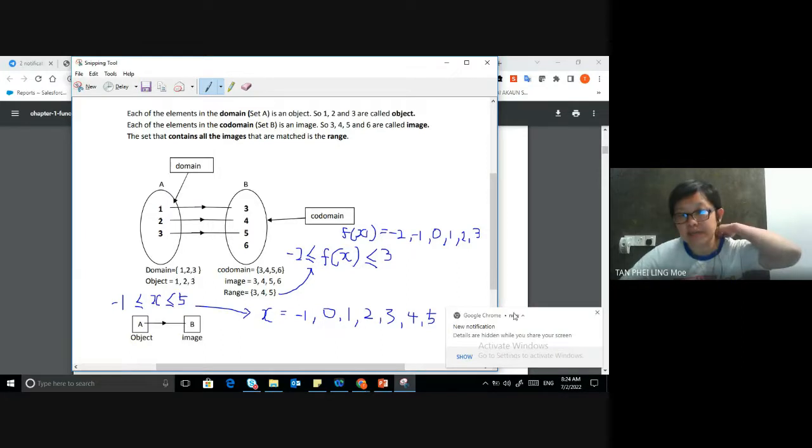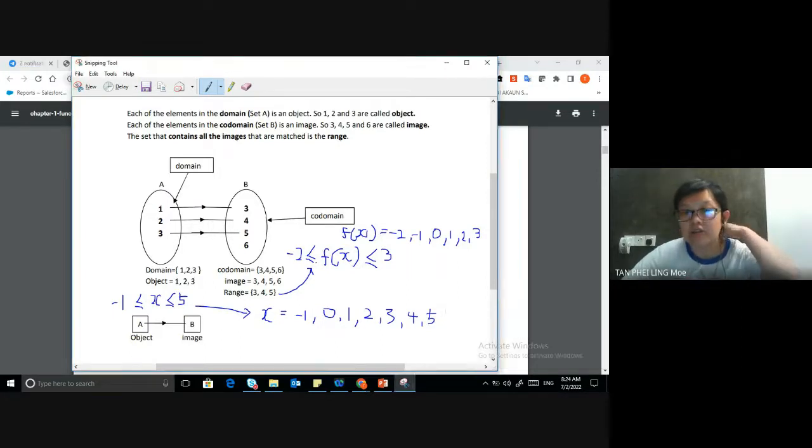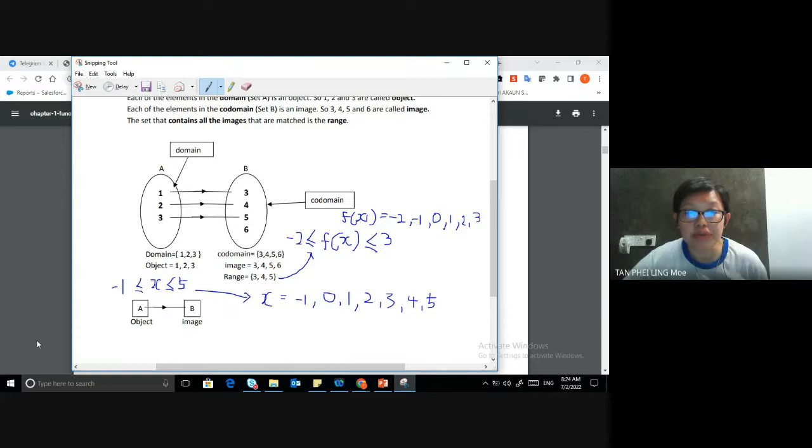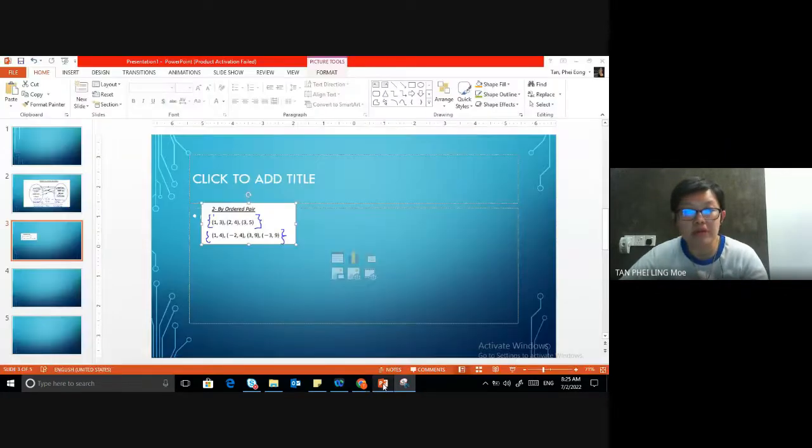Is it clearer? This is how you may have seen the question sometimes, so you have to know how to interpret it. Then let us do a quick recall that all the items in A here we call objects, and all in B we call images. Is it good? I'm going to move on.